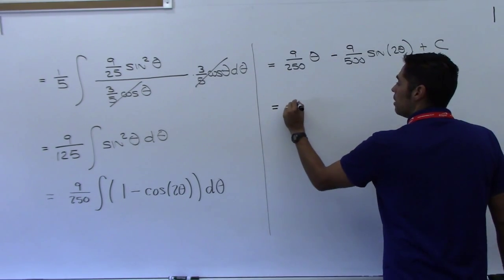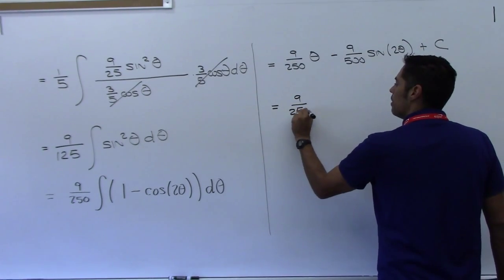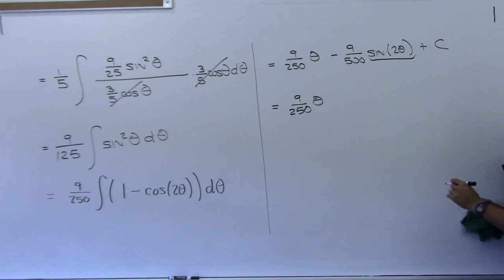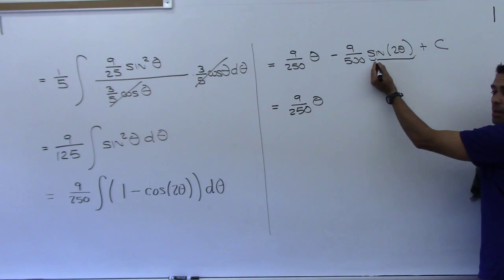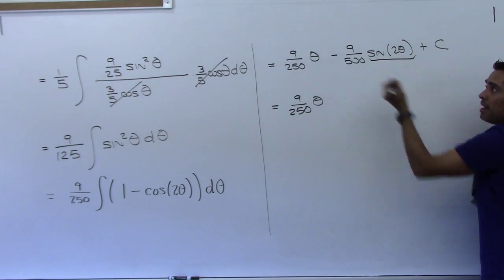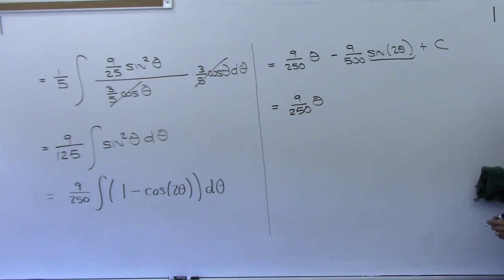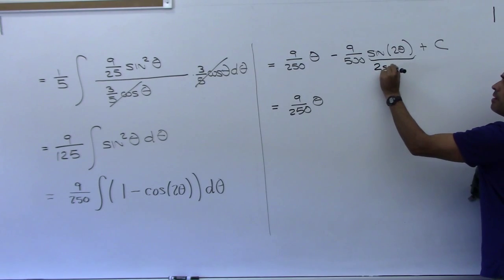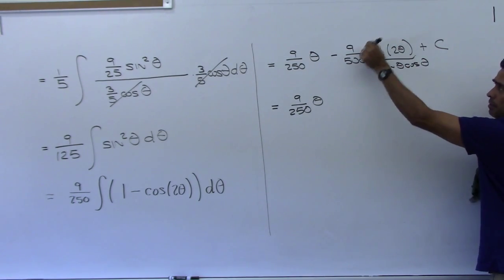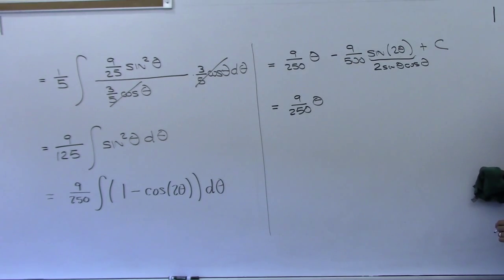You could. What I'm going to do, because of the next step, is leave it, because remember this sine 2 theta is going to turn into 2 sine theta, 2 cosine theta? The 2 that comes out is going to reduce this back to 9/250. This is 2 sine theta cosine theta. So that 2, which is on top here, reduces out and becomes back to a 9/250.